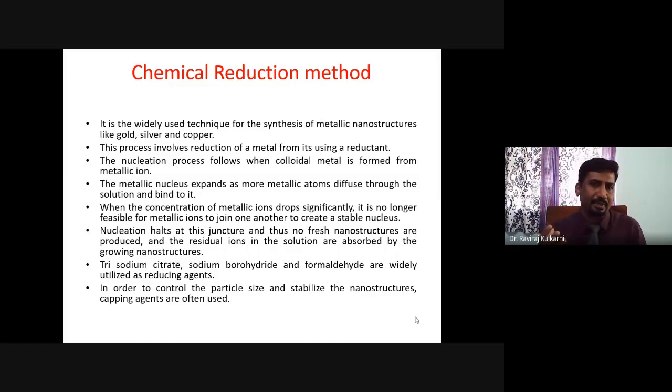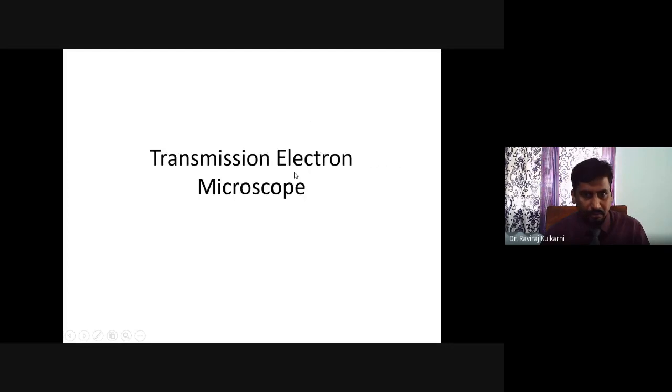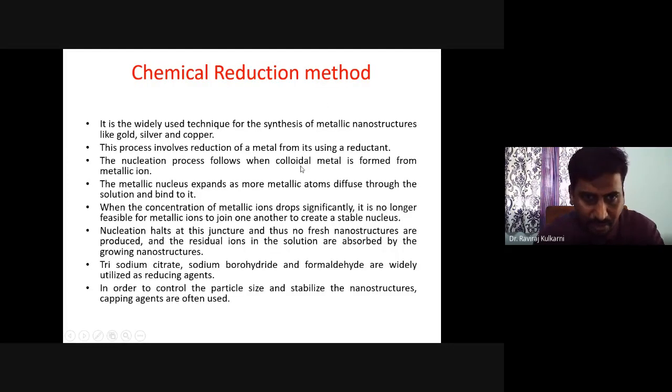settle as metal. The nucleation process follows when colloidal metal is formed from metal ion. Metal ions, I cannot write here, so I have to download that app.